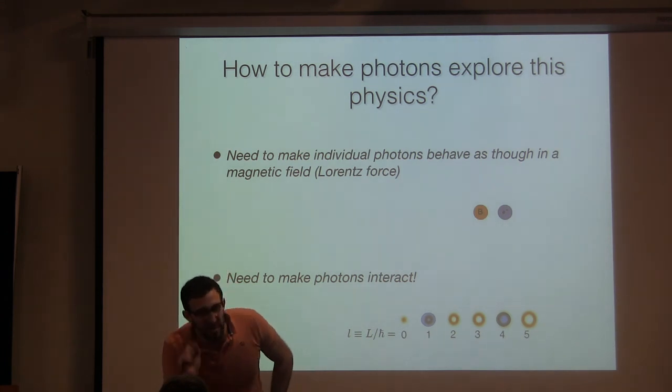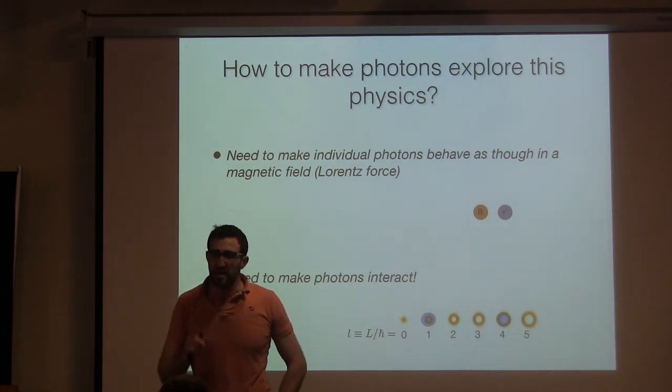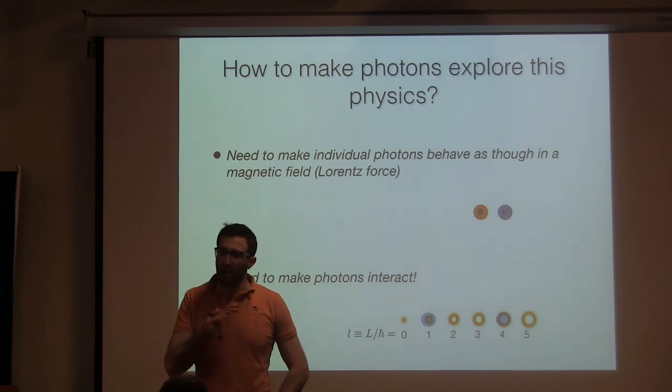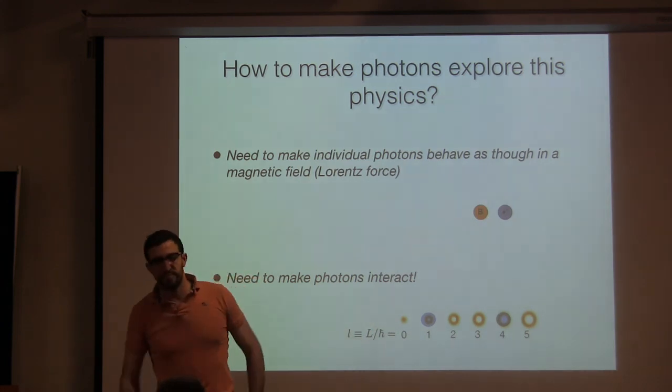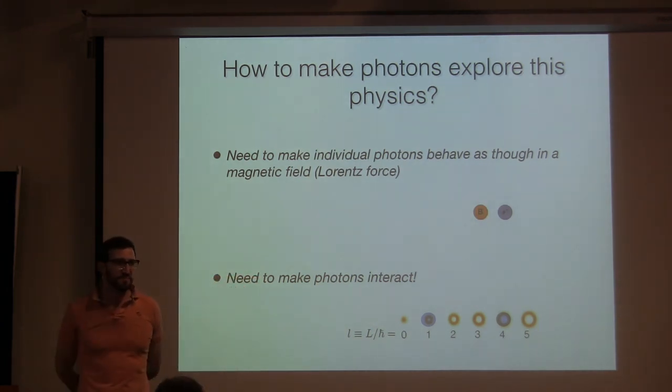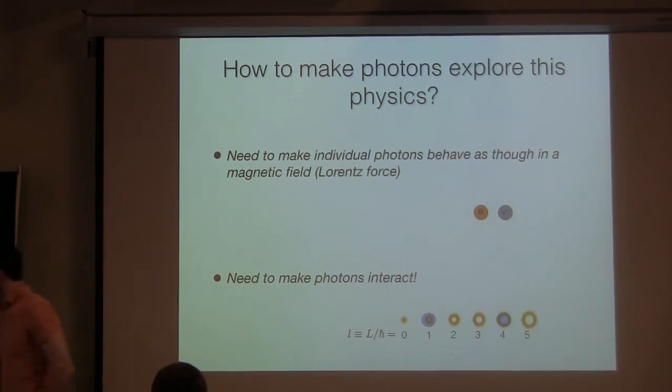To be very precise, x and y don't have that commutator. It's the projectors of x and y onto the lowest Landau level that have a non-zero commutation relation. Okay. Good? Circuits next.